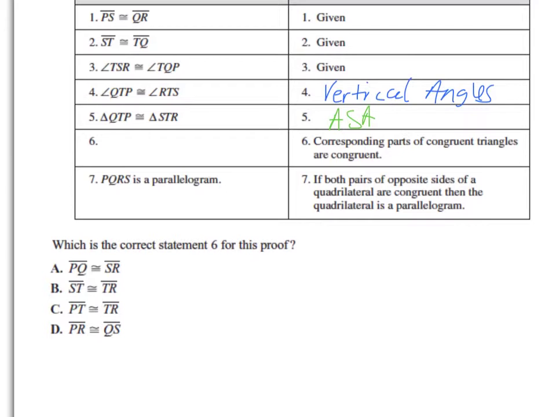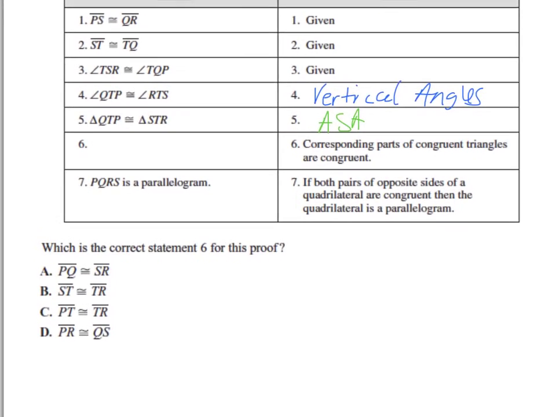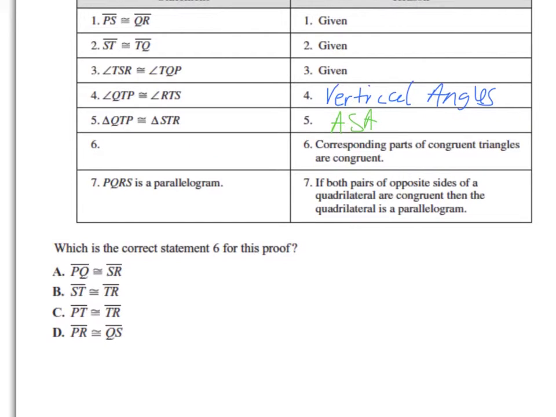Okay, the next thing would be they're using CPCTC. What would be true if those two triangles are congruent? I'm going to look at the statement piece right here. Is PQ congruent to SR? Maybe.